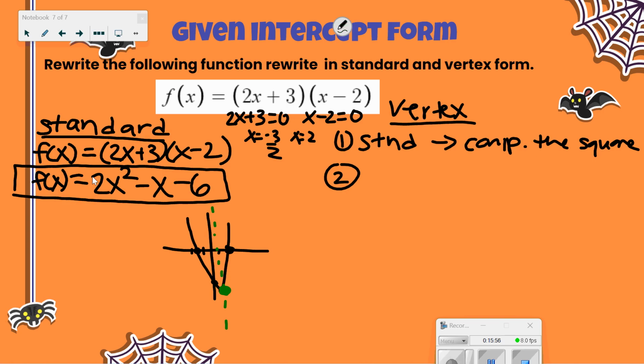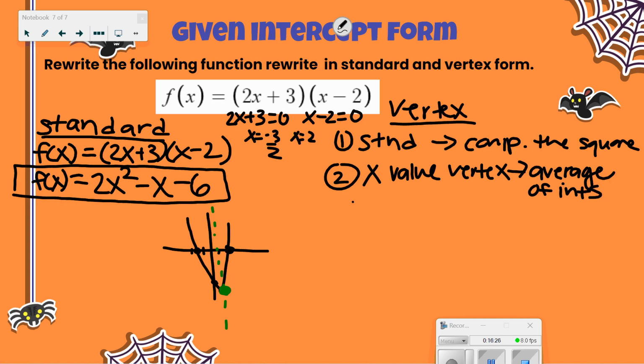So you can find your intercepts and you can put them in half, meaning you find the what between your intercepts? The middle. So this way here, finding your x value for your vertex is the average of your intercepts.